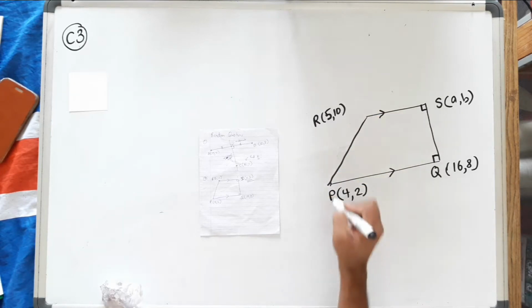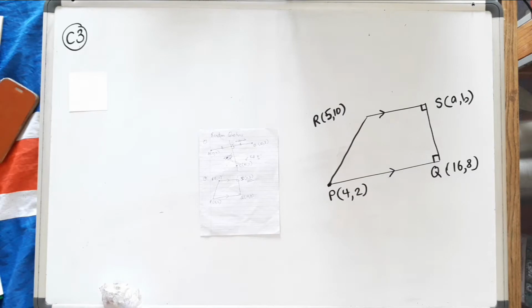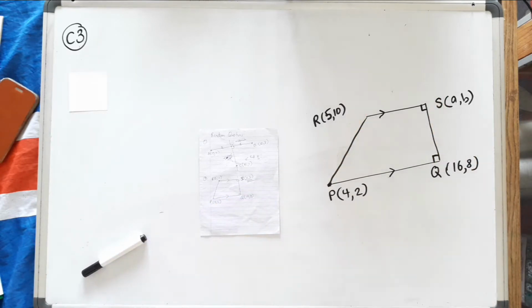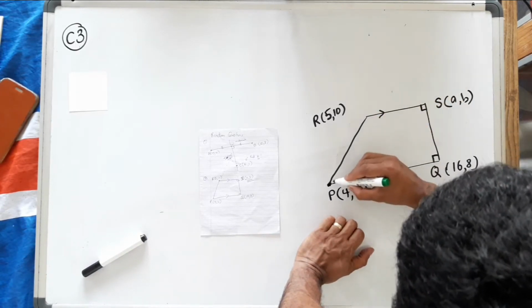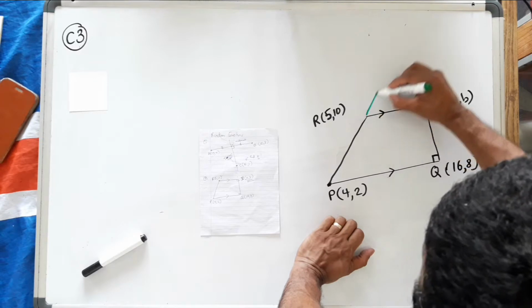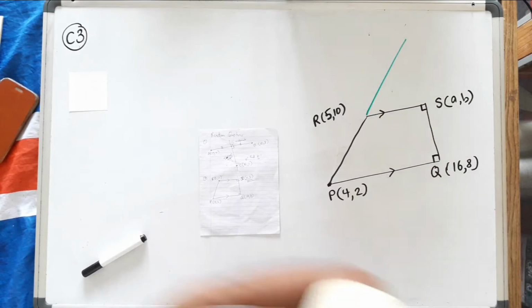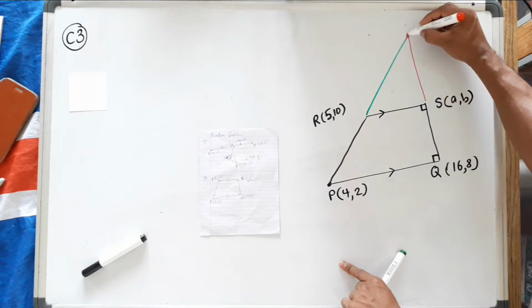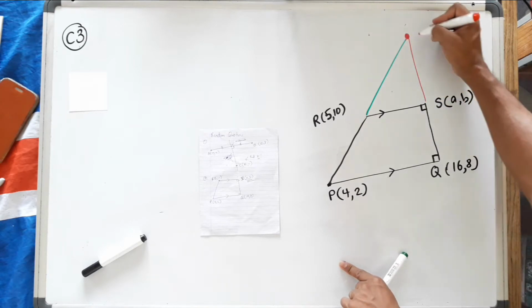Let me tell you what the purpose of this question is. These two lines do not touch, but if I were to extend this line PR and make it longer, and if I were to extend QS, they would eventually meet here at some point.